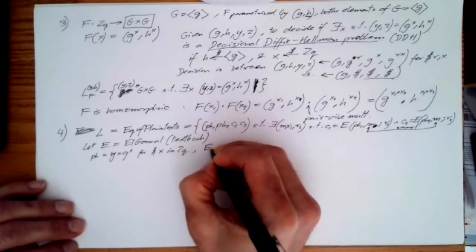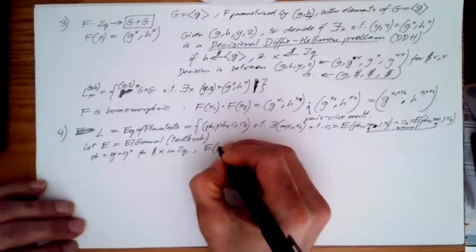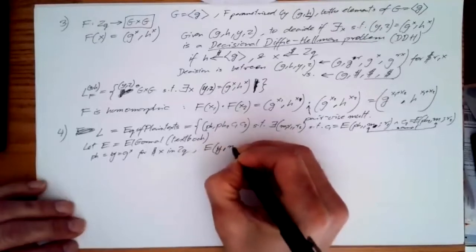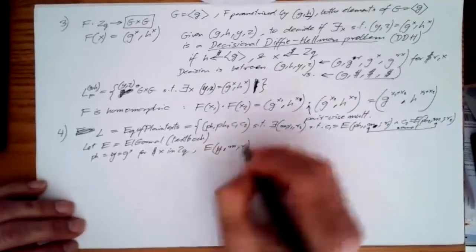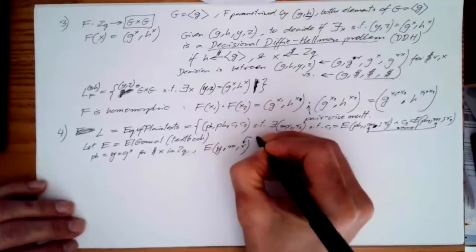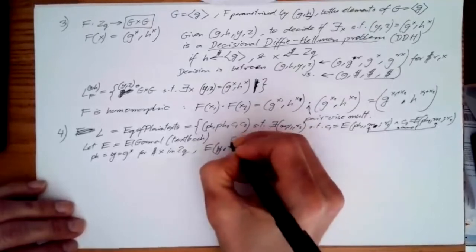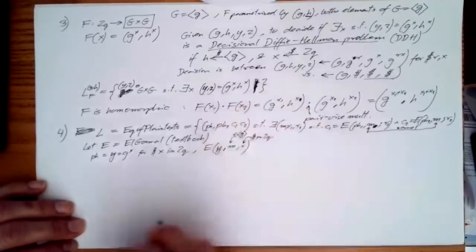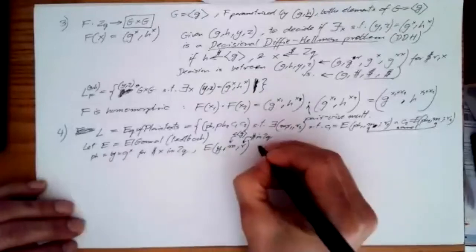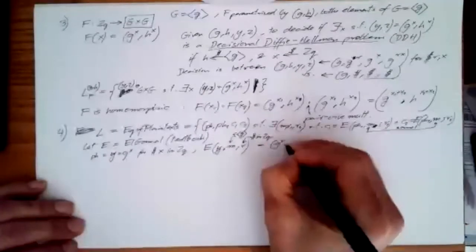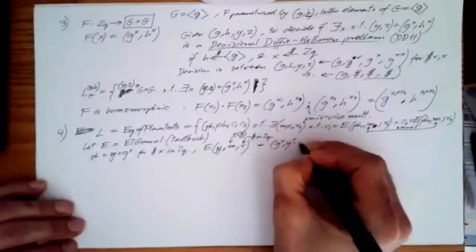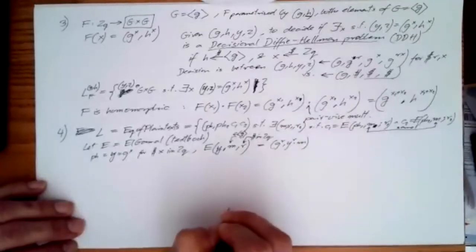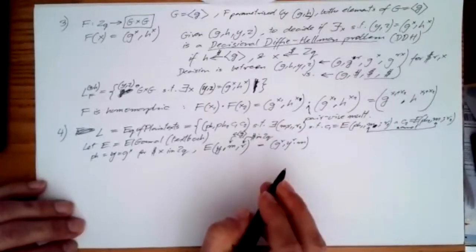And the encryption under a public key y of a message m and a randomness r, where the randomness is random in Zq, and the message is an element of the group generated by g, is a pair: g to the r, y to the r times the message, right? That's the ElGamal encryption.